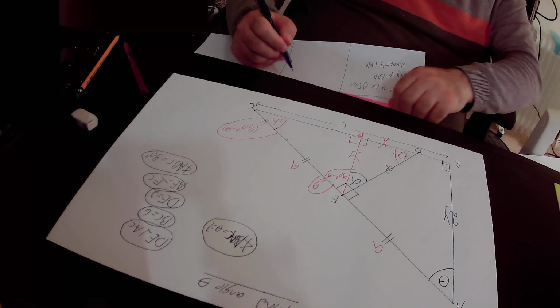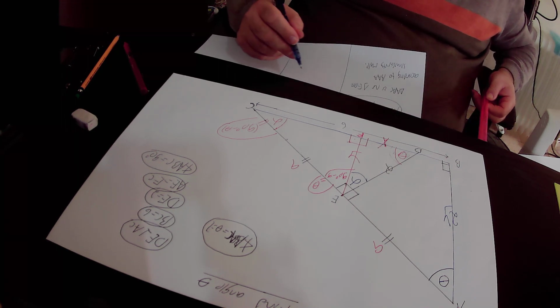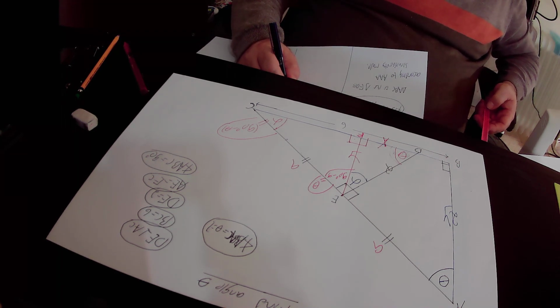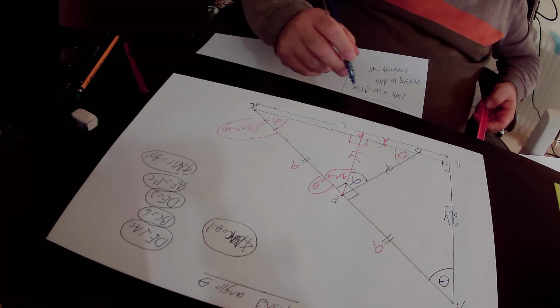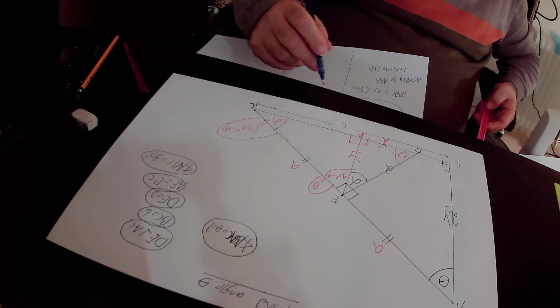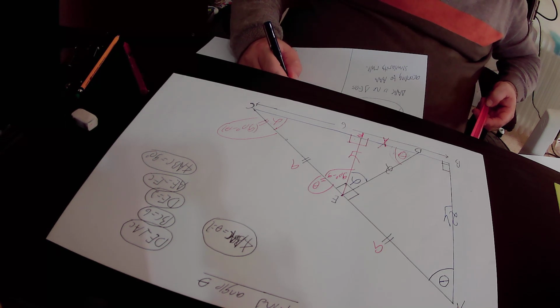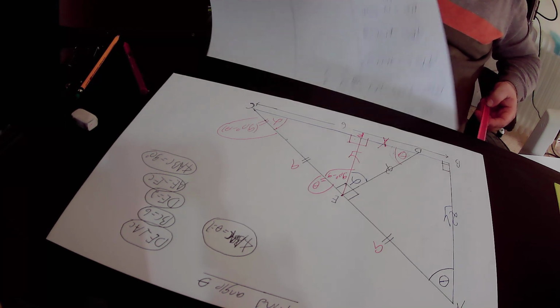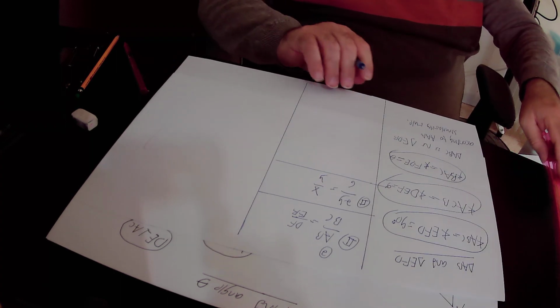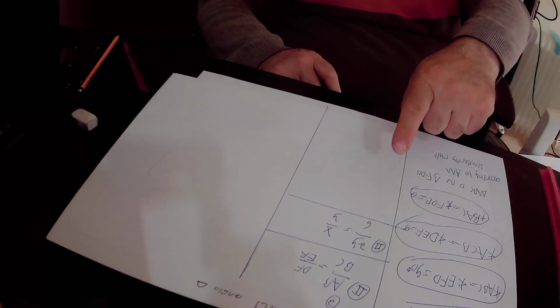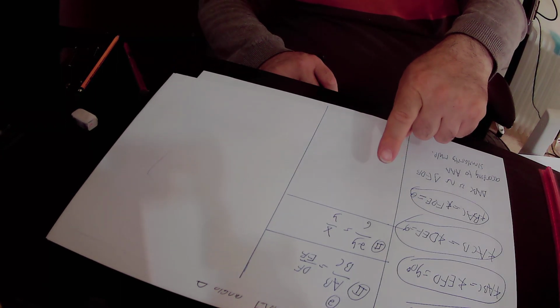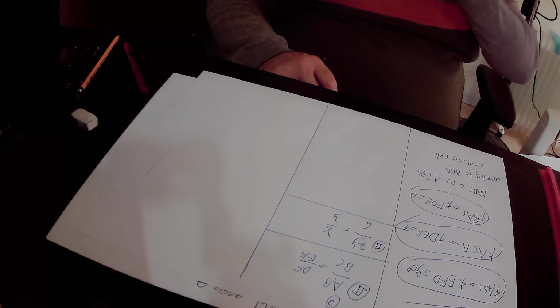And it is equal to DF, that is X according to our definition, over EF, that is actually Y. So in conclusion, we found out that according to equation number 2, 2Y over 6 equals X over Y.